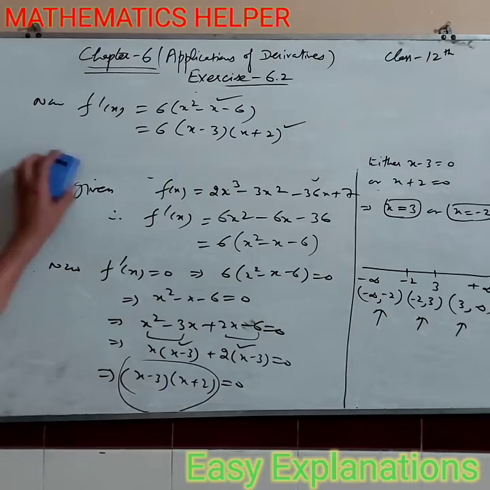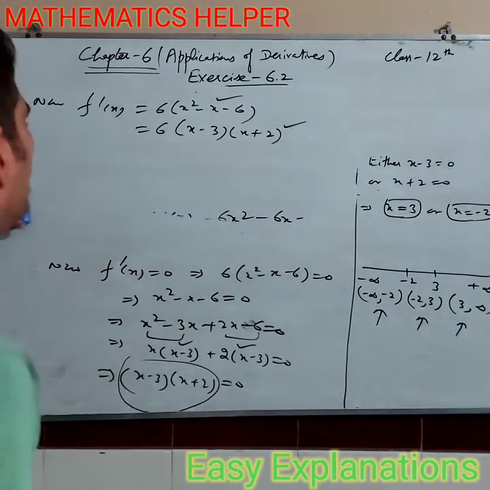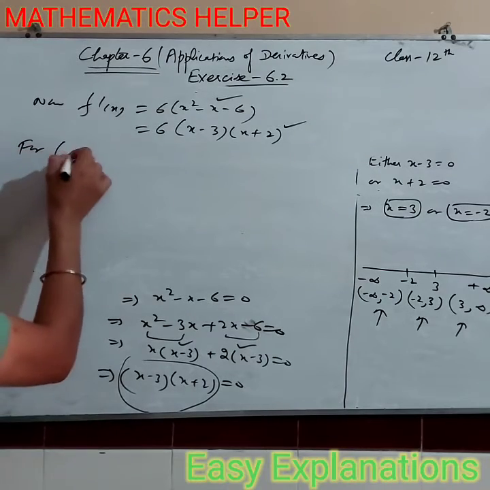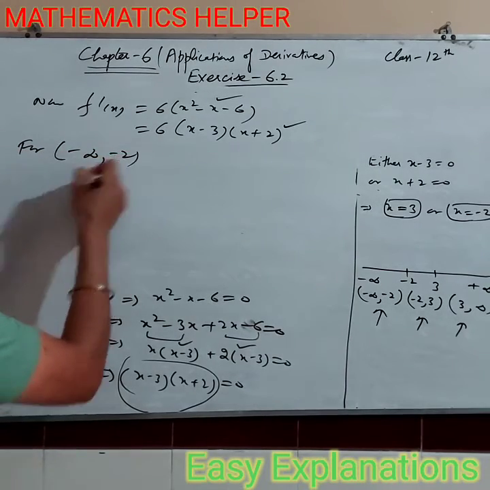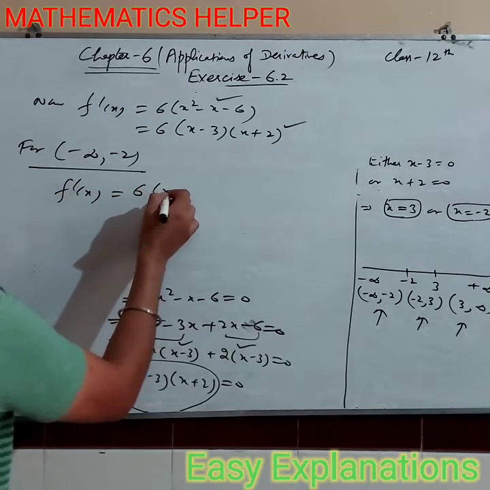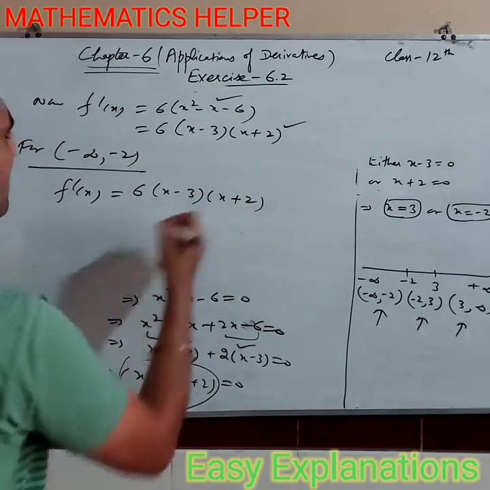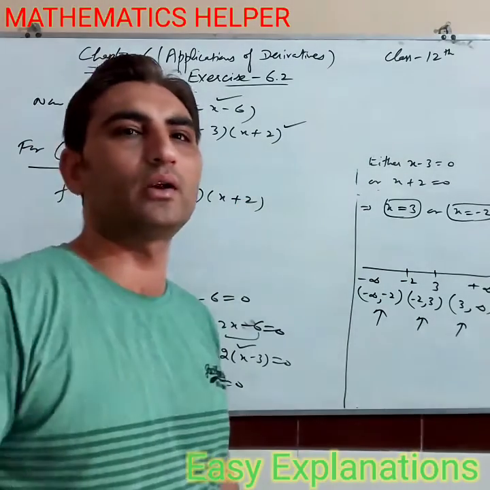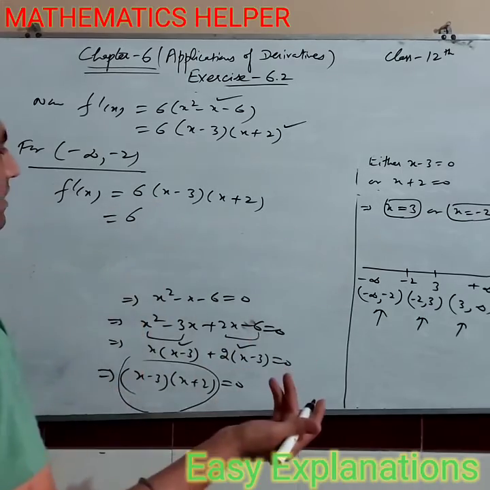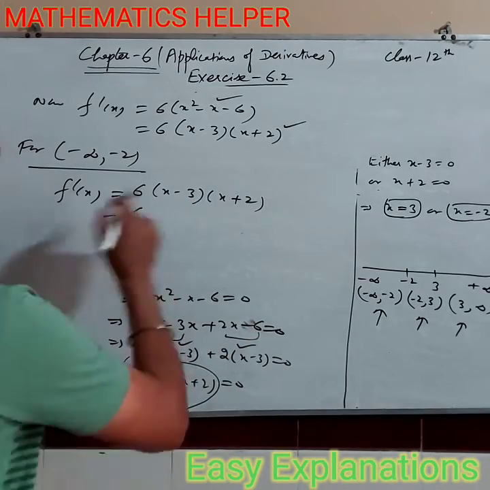Now we will check the derivative for these intervals one by one. So very first, for minus infinity to minus 2, f dash x is 6 times x minus 3 times x plus 2. Students, remember, I am telling you an easy way to mark answers in papers. So 6 is always positive. What about this x minus 3?